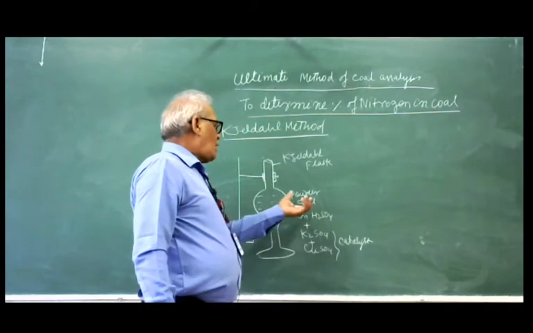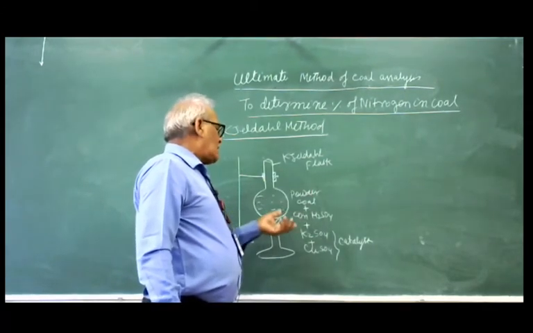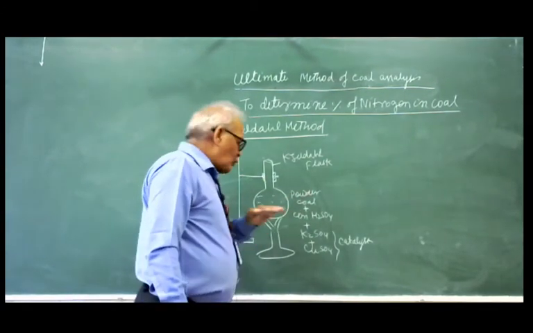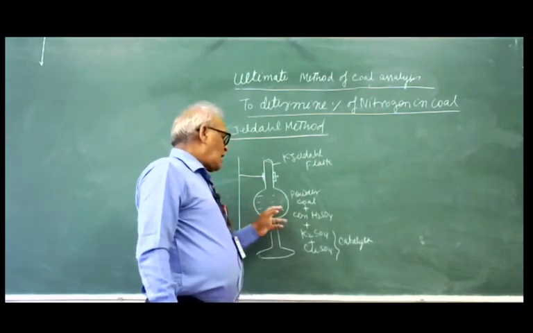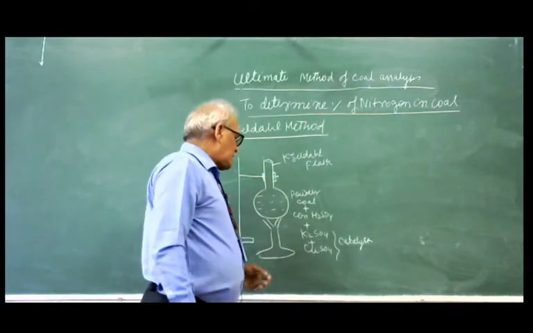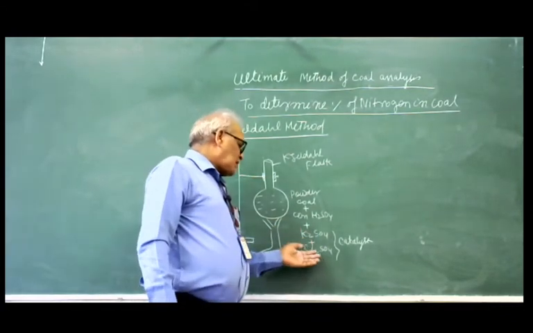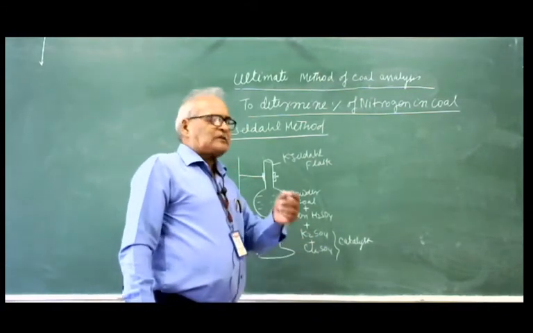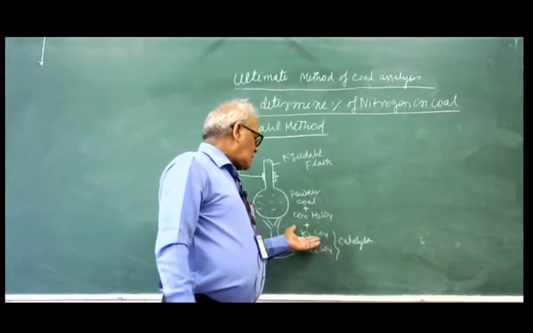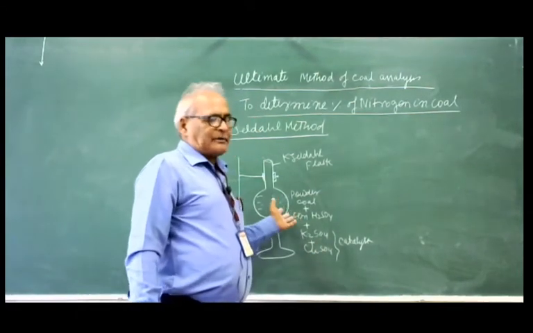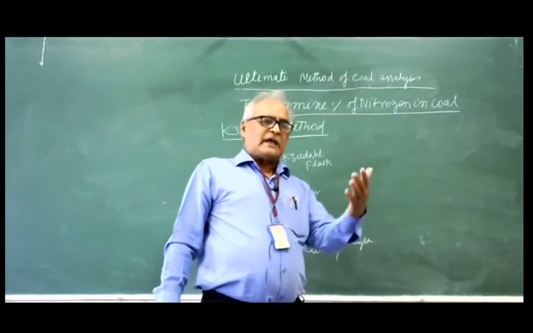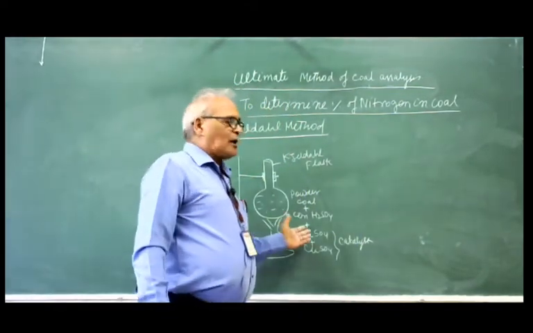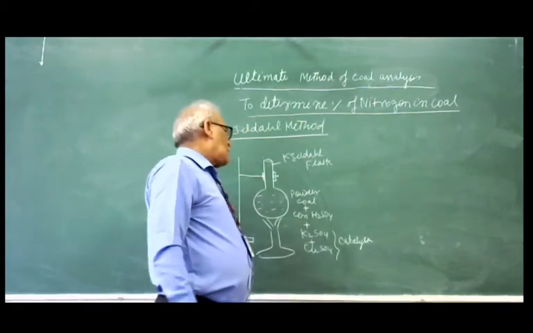We take a known weight of the coal, powder it, and put it into a round bottom flask with concentrated sulfuric acid, potassium sulfate and copper sulfate. Both the potassium sulfate and copper sulfate are added, which catalyze the reaction. You will get ammonium sulfate.